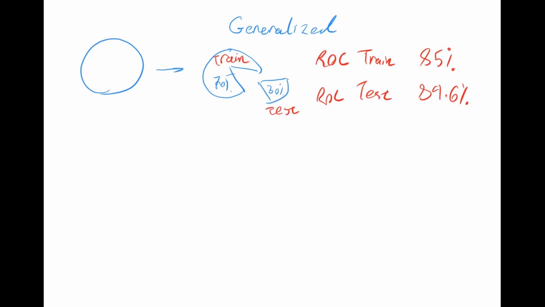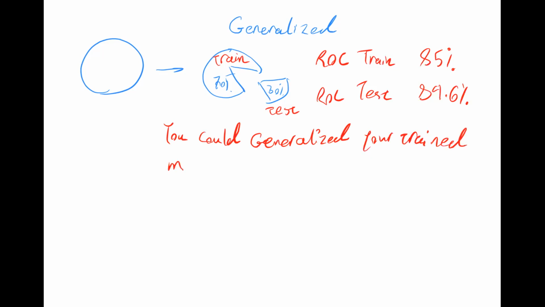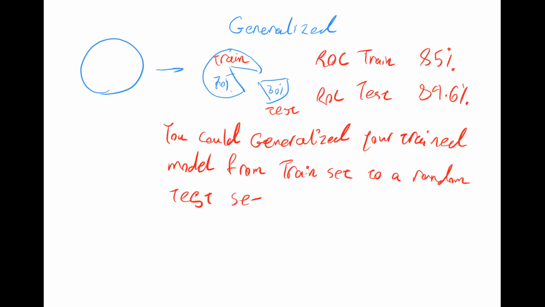It just means you could generalize your trained model from the train set to a random test set.